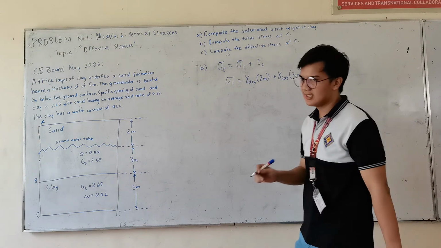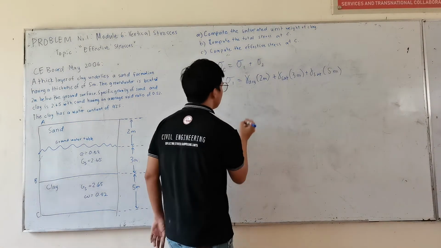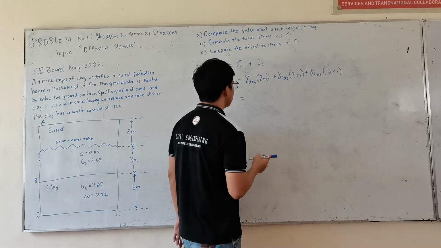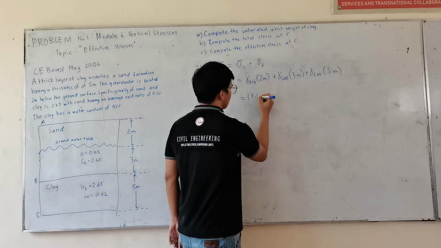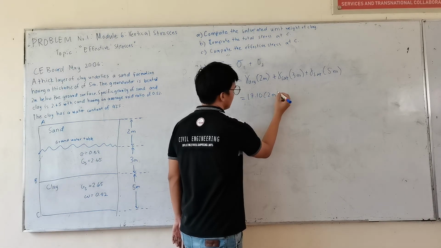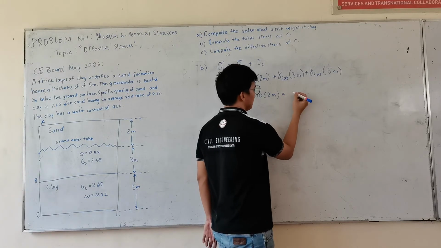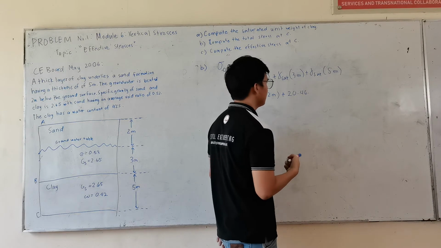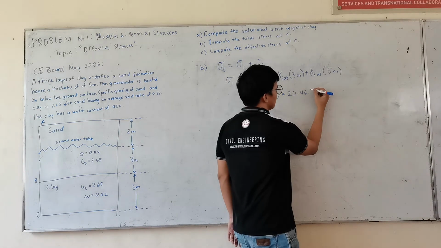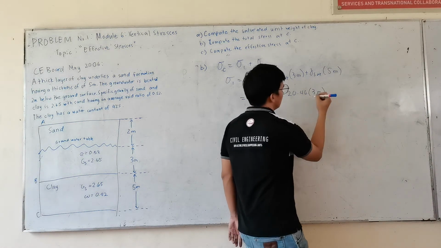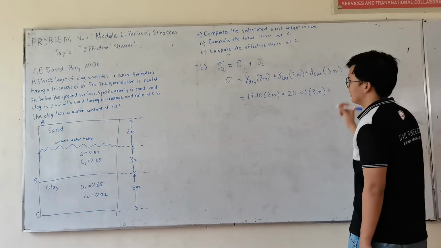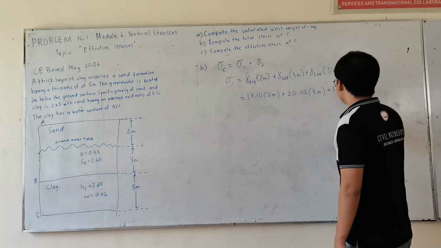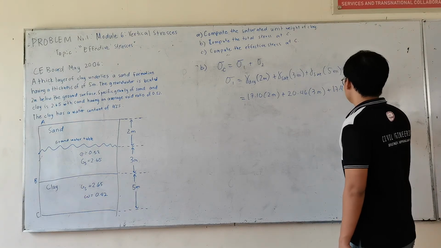So, take note, kanina nakuha na natin ang mga unit weight ng ating mga soil. So, sa dry unit weight natin ay 17.10 times 2 meters plus 20.46 sa saturated sand natin times 3 meters, plus kanina unit weight natin sa clay is 17.47 times 5 meters.